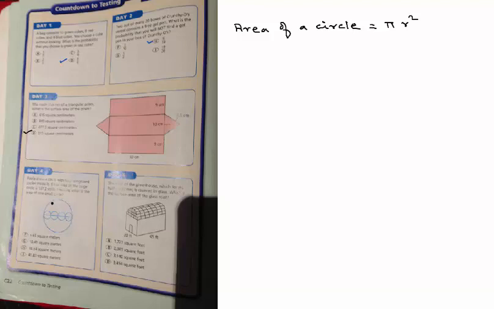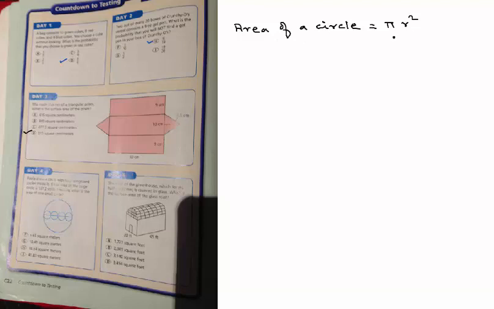Now because the diameter is exactly twice the radius, if the larger circle were to have a radius of r, then the smaller circles would have a radius of r over 4, or 1/4 of r. It's the same ratio as with the diameters. So we are going to take advantage of that. Look, the area of a circle is pi r square.